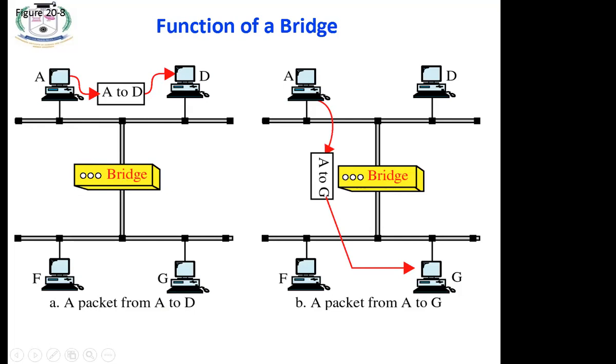From the table, it will come to know whether A and D belong to the same LAN or a different LAN. So in the first diagram, as A and D belong to the same LAN, it will not forward the frame to port 2 of the bridge.